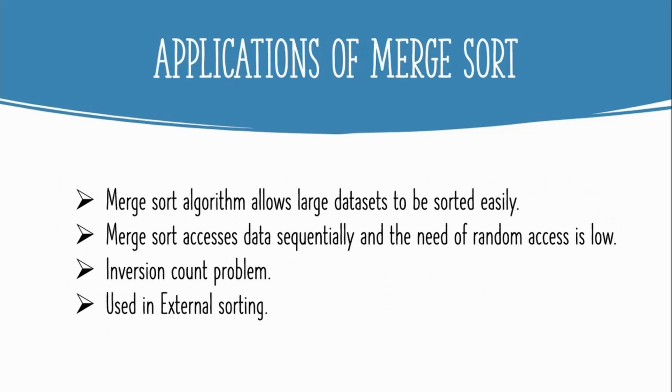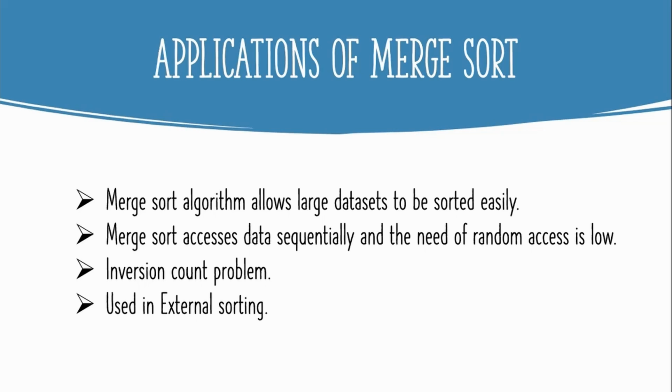Now let's take a look at the applications of merge sort. It is an efficient sorting technique when it comes to sorting larger data sets, and the access of the data or element is not random, rather it's sequential access. Merge sort is again used to solve the inversion count problem. The inversion count problem implies how close the array is from being sorted.